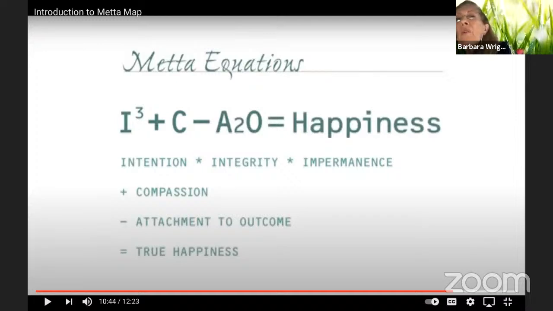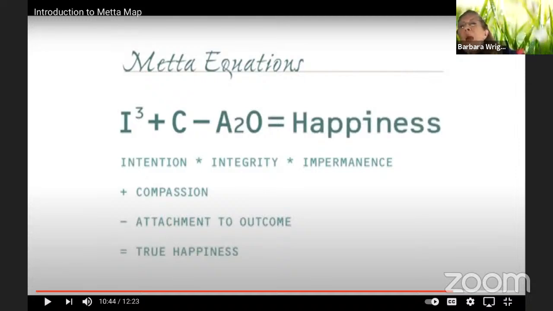Right. Okay, this is the foundation of the meta map, which is understanding your intention. So it's intention to the third power, plus you have an intention, but you've got to have compassion.